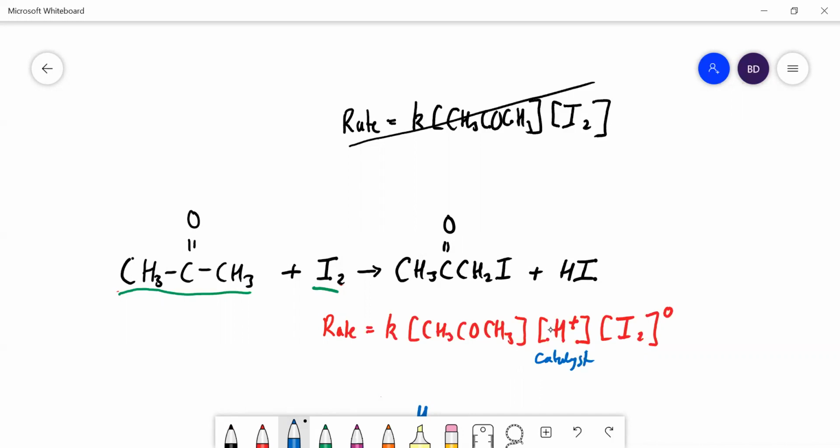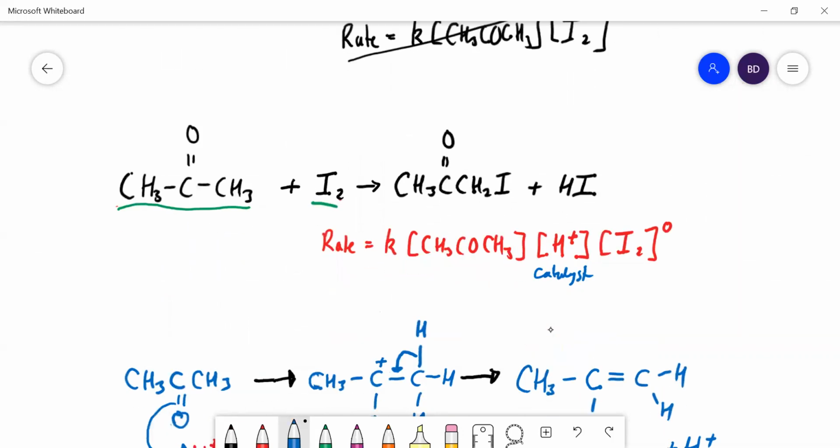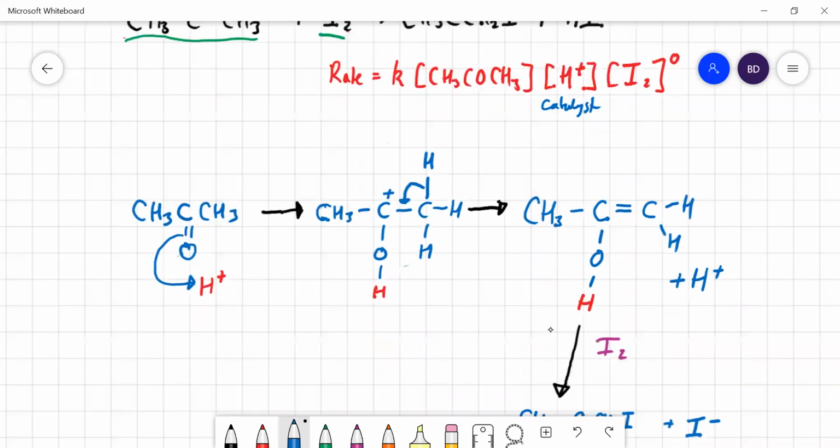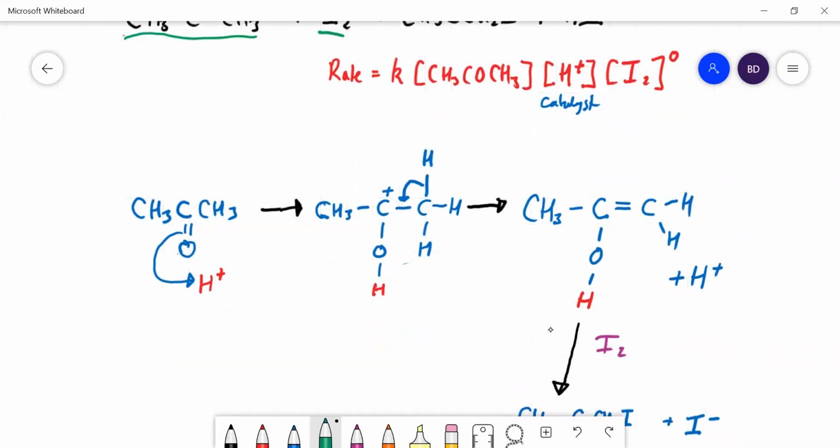Right, so let's look at the proposed mechanism, so we can work out which step could be the rate determining step. We've got 3 steps, 1, 2, and 3. What happens in the first step is you protonate the propanone and you form this carbocation intermediate here.